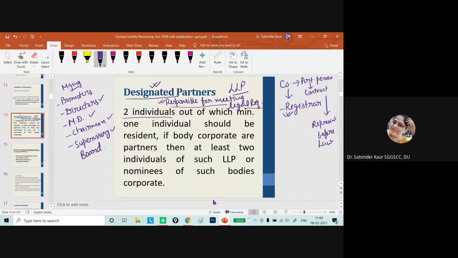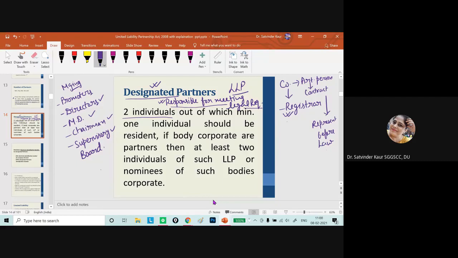And when we talk about the resident, the meaning of resident is understood as per the terms of Income Tax Act provisions, wherein a person who is residing in India for some specific period and satisfying certain conditions is known as resident.